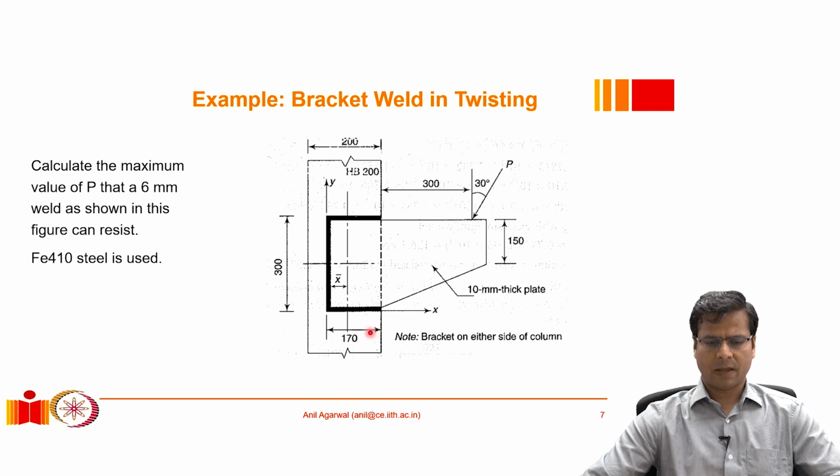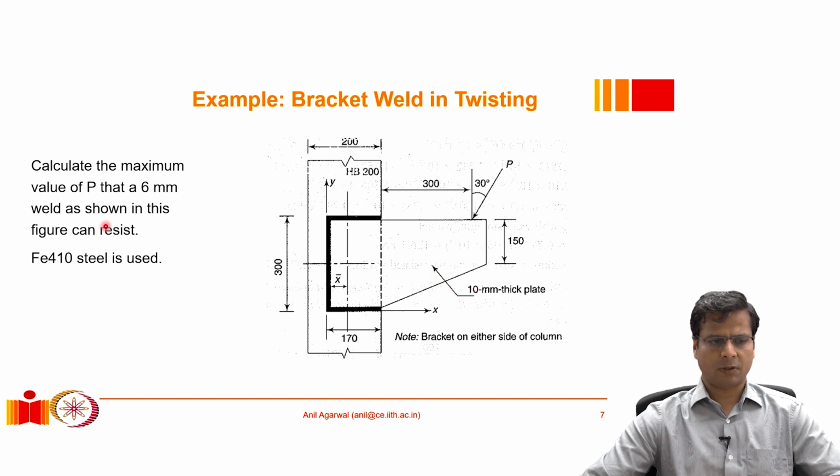The weld dimensions are mentioned. The horizontal portion of this weld is 170 millimeters. This is a fillet weld, and the vertical component of this weld is 300 millimeters. So one vertical leg and two horizontal legs. All right, and the plate thickness is given as 10 millimeters.